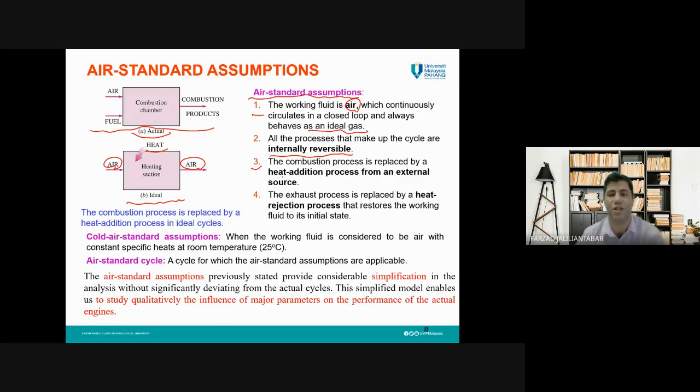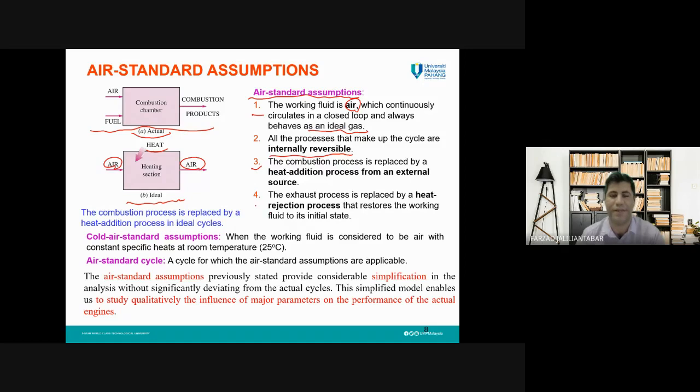And assumption number three, the combustion process is replaced by a heat addition process from an external source, like what you can see here. However, the combustion happens inside the cylinder, inside the chamber, and energy is released. We can assume that heat comes to the system from a heat source outside of the chamber.